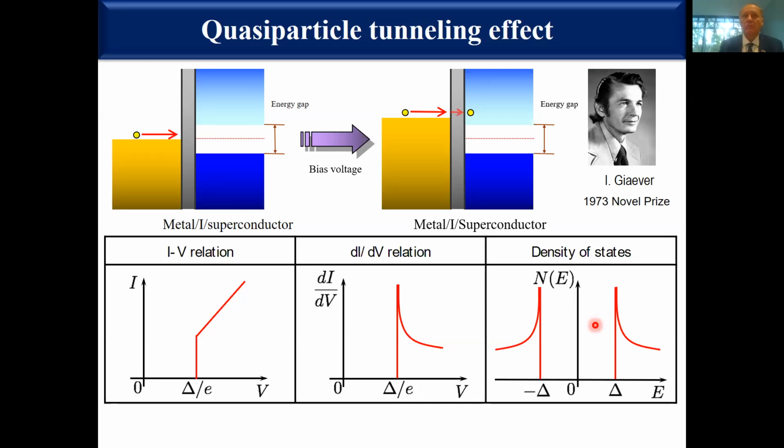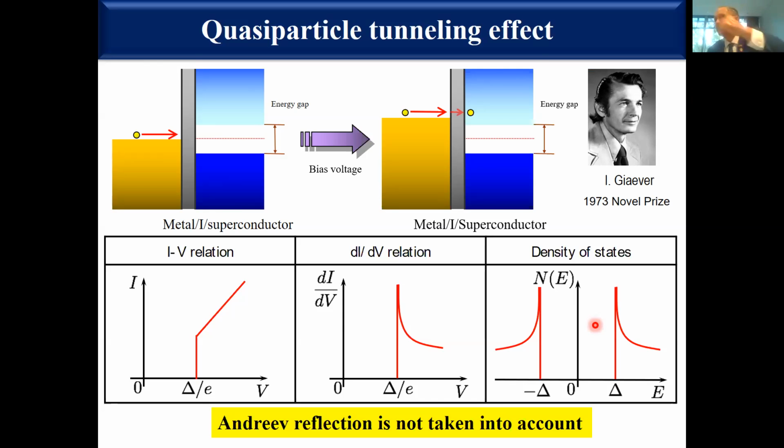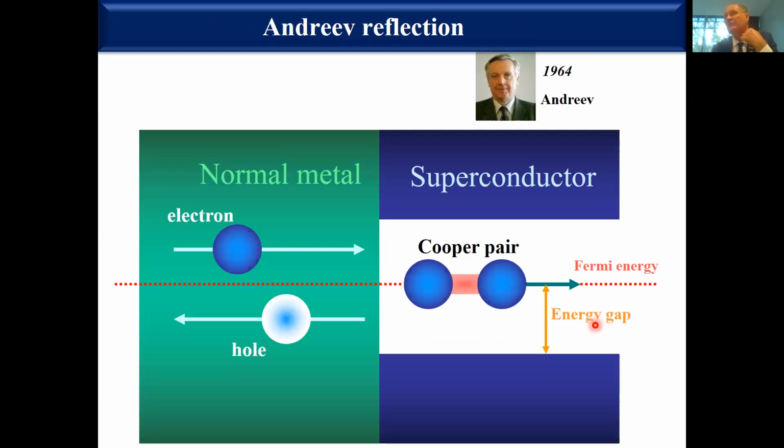But in this discussion, a very important concept is missing, so-called Andreev reflection. Andreev reflection, which was predicted by Alexander Andreev in 1964, is a very important concept in superconductors, because in all superconductors, including those hosting non-homogeneity, an injected electron should be reflected as a whole.